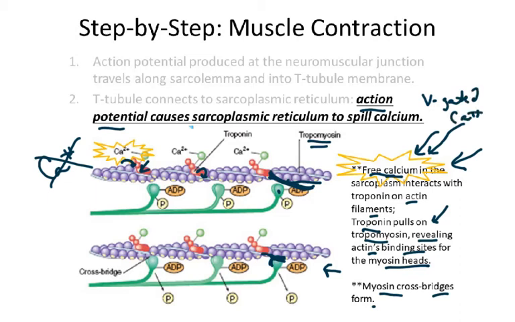So the action potential causes the spillage of calcium, and then the calcium causes the myosin and actin to interact. This is sometimes called excitation-contraction coupling, the voltage change to muscular contraction.